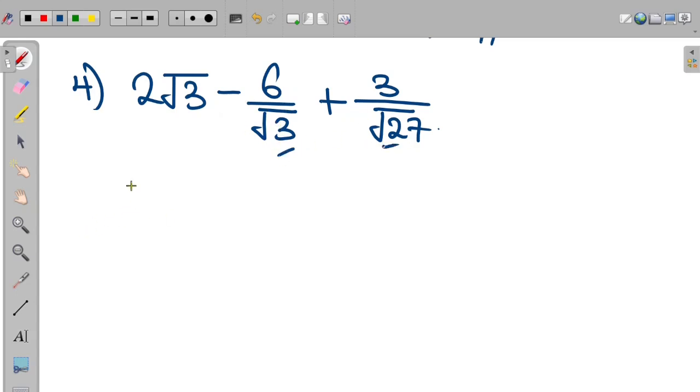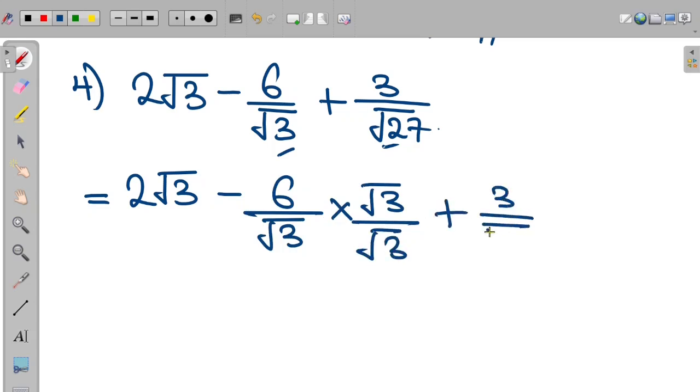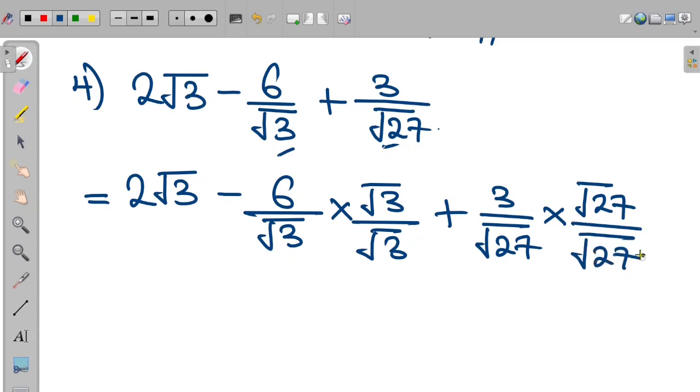So we have that this is 2 multiplied by root 3 minus 6 divided by root 3 multiplied by root 3 divided by root 3, plus 3 divided by root 27 multiplied by root 27 divided by root 27.